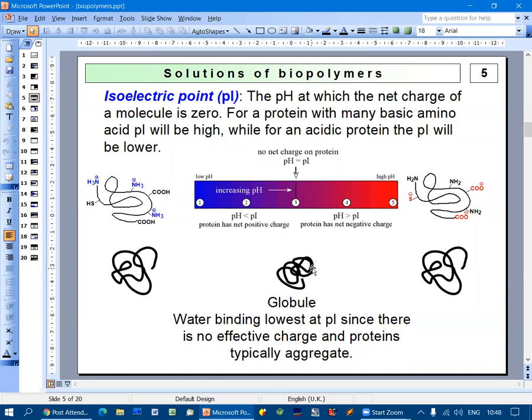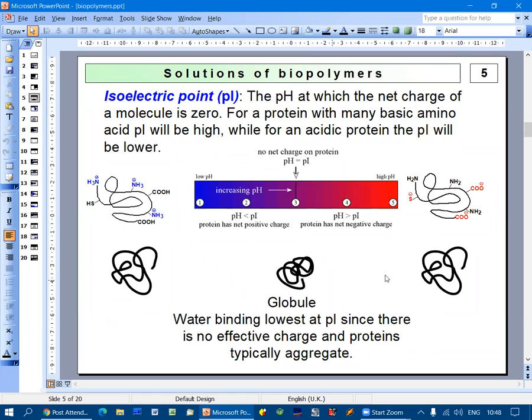What does it mean for the stability of a protein solution? No charge, very thin adsorptive layer of water. It means the stability of solutions of protein at pH equals pI will be the lowest.